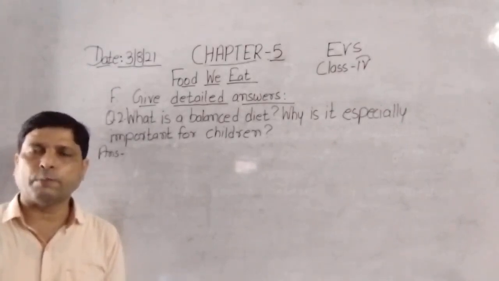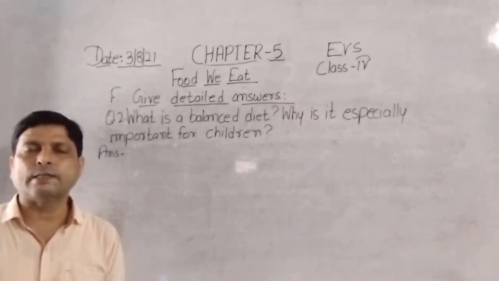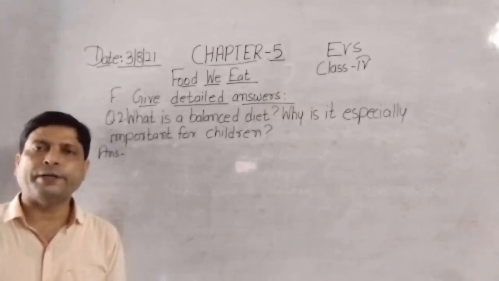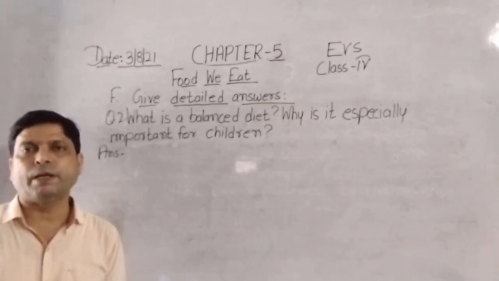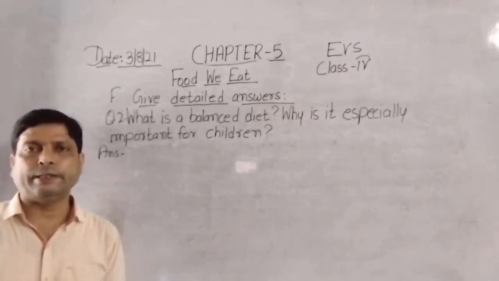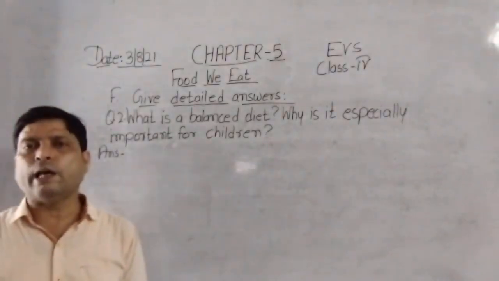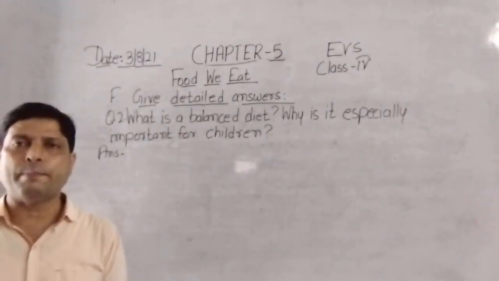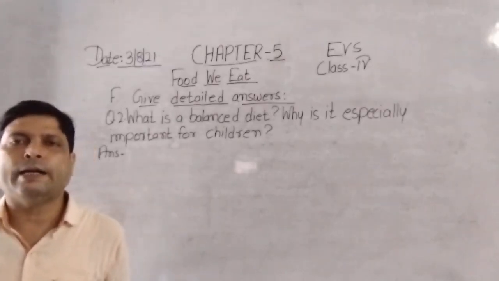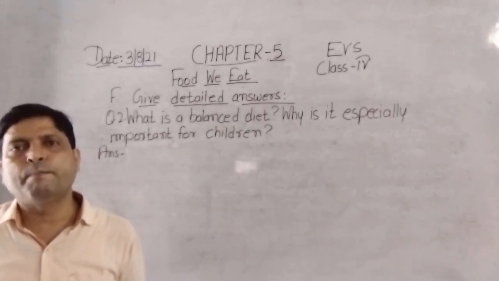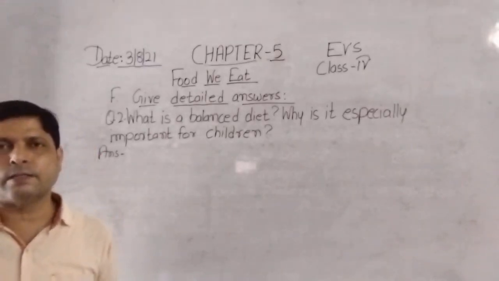There are 5 groups of nutrients, that is carbohydrate, fat, protein, vitamins and minerals. So a diet which contains all the nutrients in the right amount along with the water and roughage is known as the balanced diet. And one by one let us discuss.